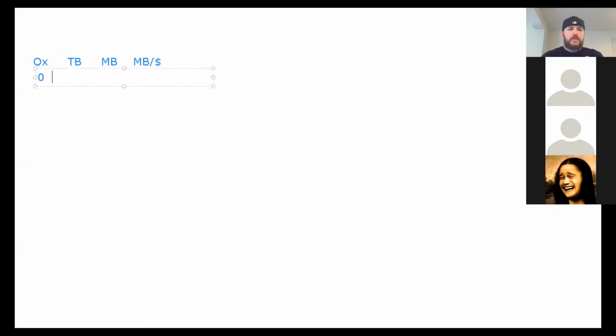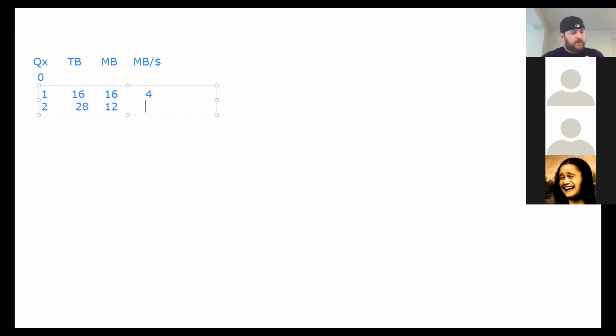This is going to be 0. I'm not going to put zeros for everything, I think we understand that, just for the sake of time. 16, 28. Marginal benefit is 12.